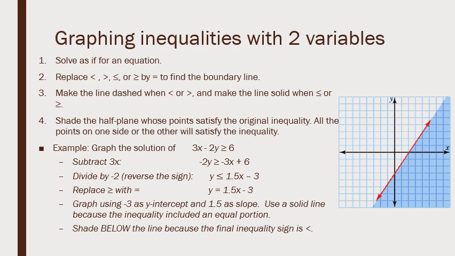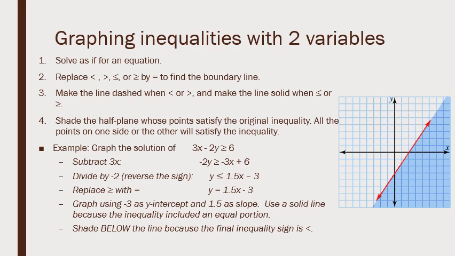Now, just like before on the number line, we used an open circle when the inequality can't be equal. We're going to use a dotted line when that's our boundary between the two areas, but nothing on the line is actually included in it.